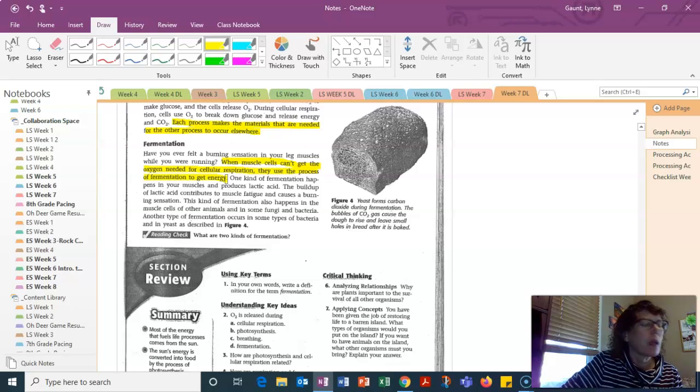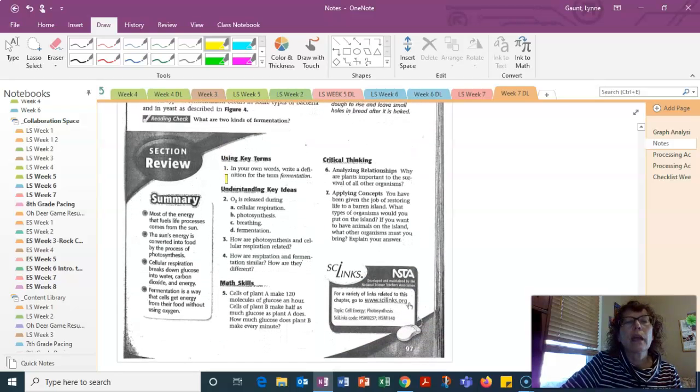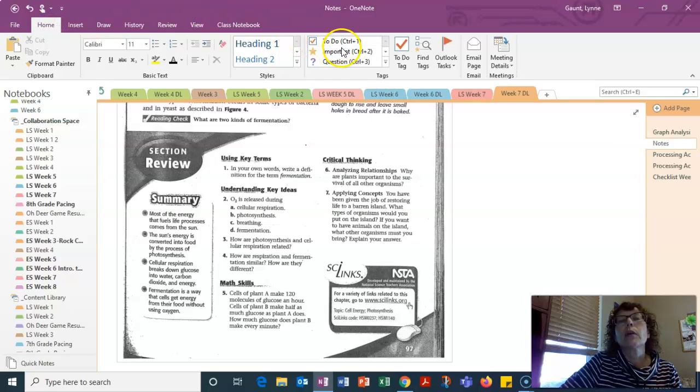All right, let's go back down here at the bottom. We're going to click type, go to home, and back up here where we have important. I'm going to click down here underneath the summary, and I'm going to click the important flag up here, and I'm going to switch it over to Comic Sans again, and I'm going to type, you should know these now.